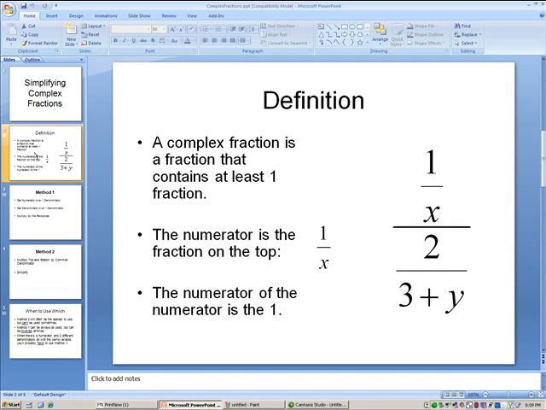But in each numerator and each denominator, there is still a numerator and a denominator. So it can get confusing saying the numerator of the numerator, in this case, which would be 1, or the numerator of the denominator, which is 2 in this particular situation.